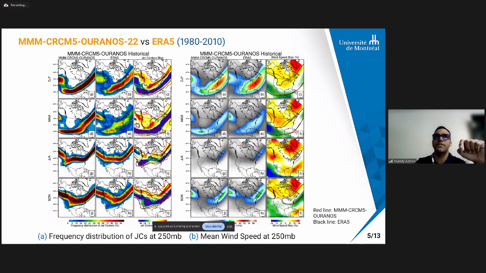It's important to notice here that the red lines represent the jet centers for the model, and the black line for the reanalysis data. The right panel is the same, but in this case with the wind speed for the entire domain. We can see that the representation of the jet stream is not bad at all compared with the reanalysis.